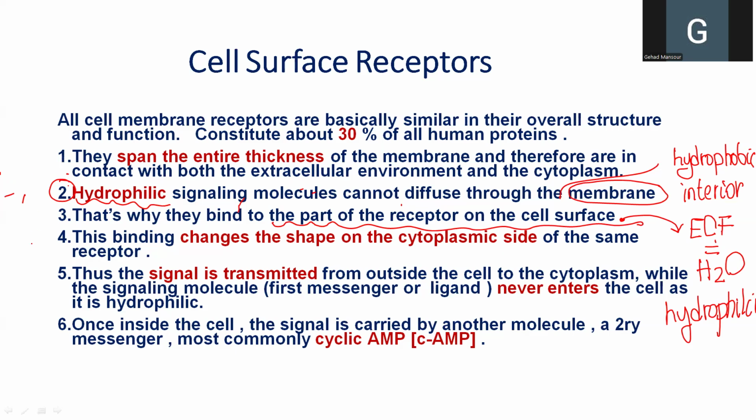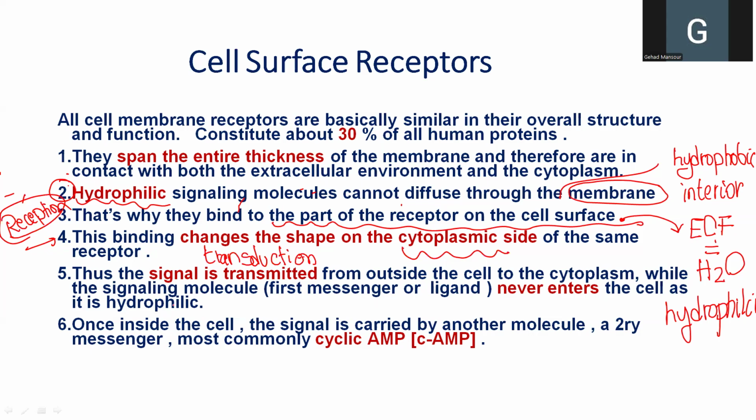As we said, this binding that we call reception will induce conformational changes. Where? In the receptor. On which part of the receptor? In the cytoplasmic side of the receptor. And therefore, there will be transduction, meaning that this reception between the receptor and the signaling molecule will induce changes inside the cell.